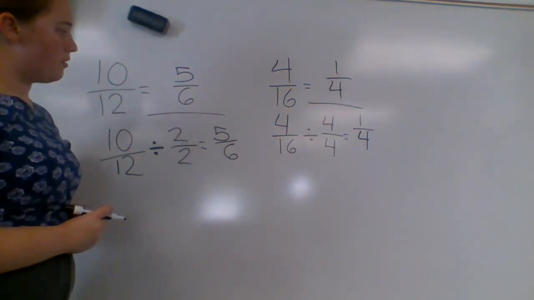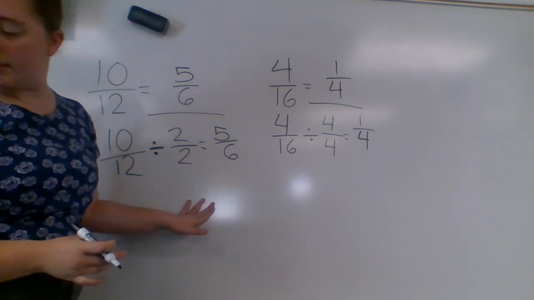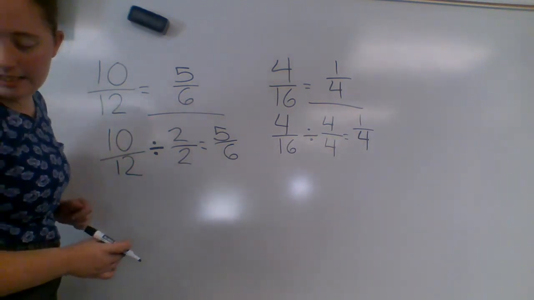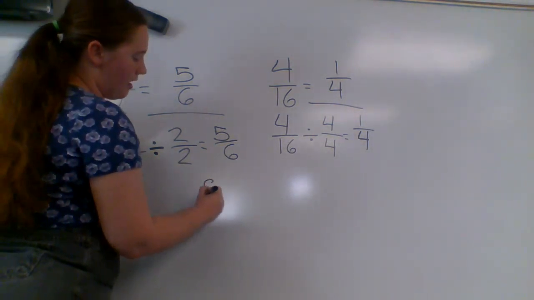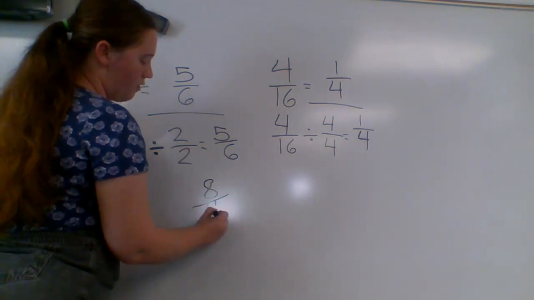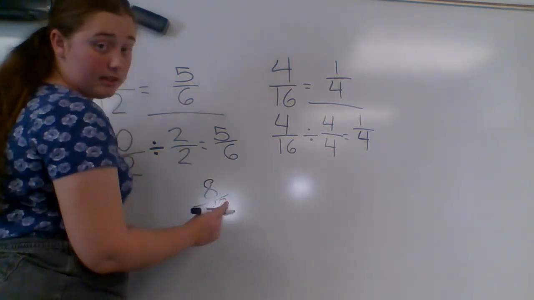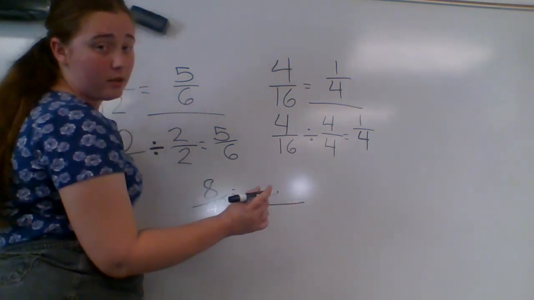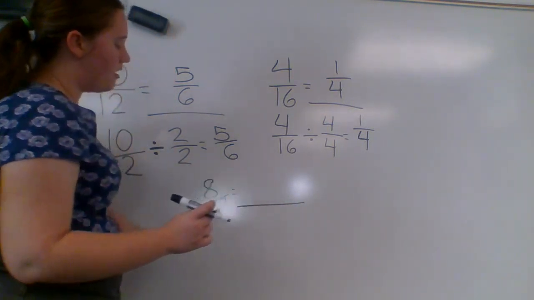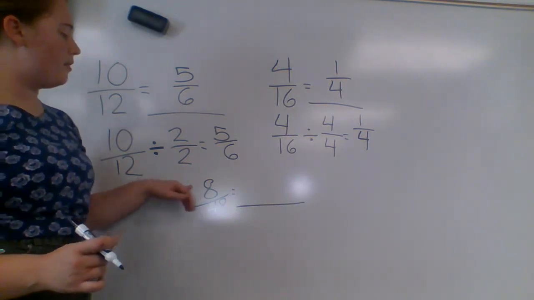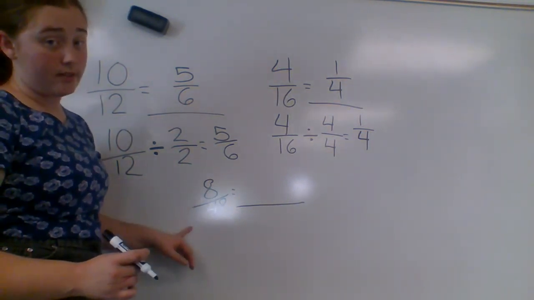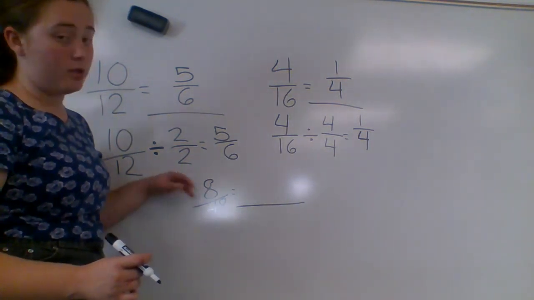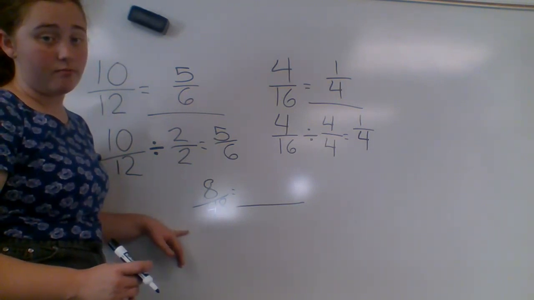Good. Wonderful. Last problem. Letter C. 8 over 48. That one's a big number. But I know we can do it. Okay? 8 and 48. Now, they're both even. So 2 can go into both of these numbers.